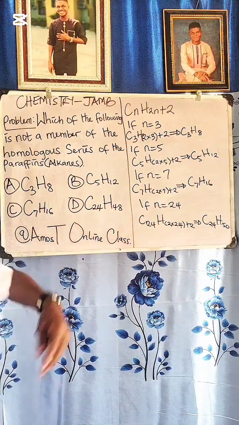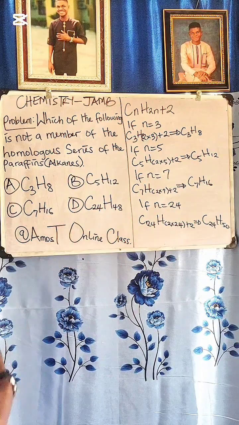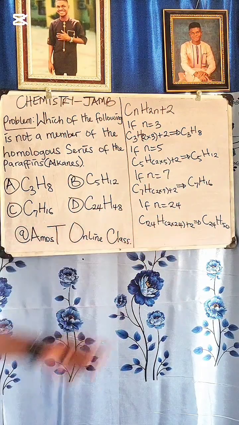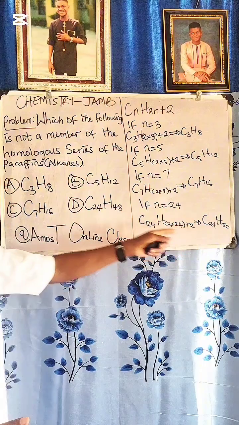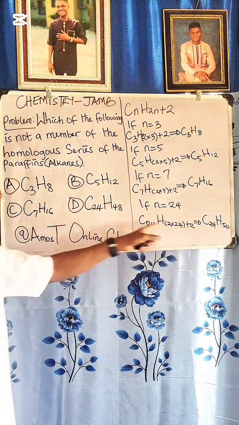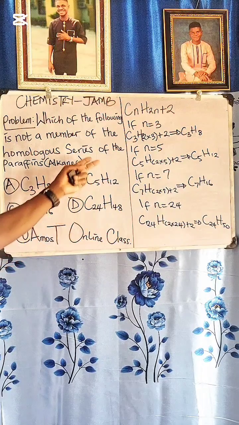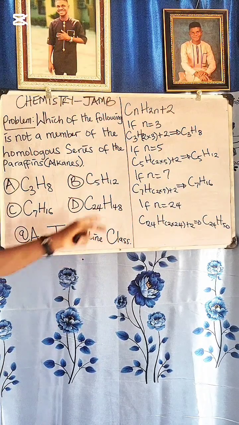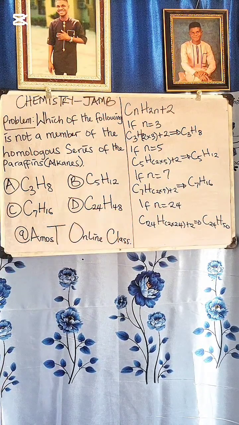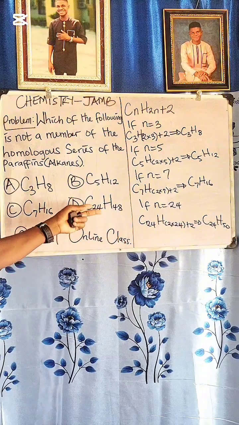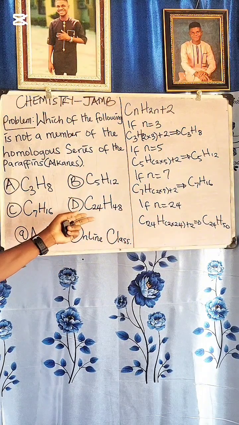Then we're going to have C24H2 times 24, which gives us 48, plus 2, which gives us 50. Now this hydrocarbon does not follow the pattern of the alkane family, so definitely it is not an alkane.